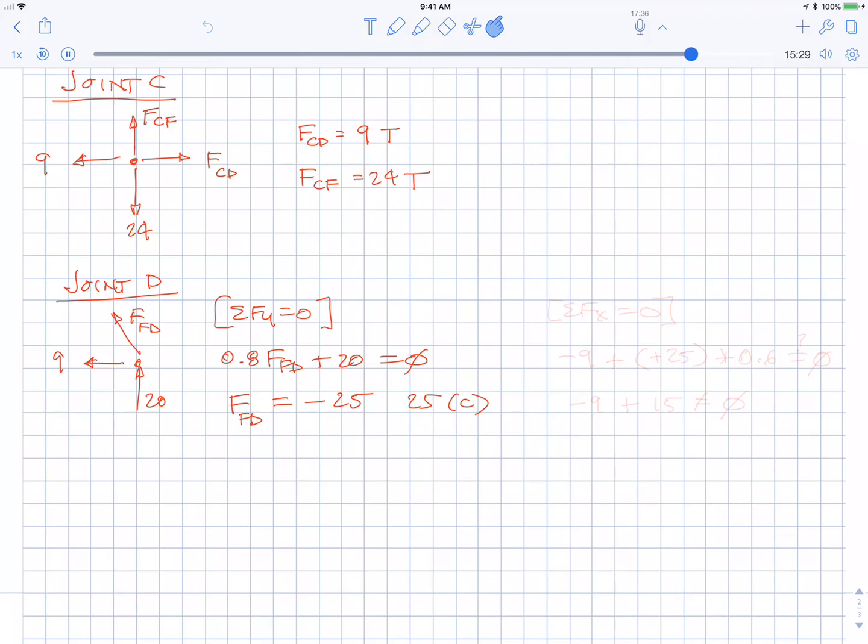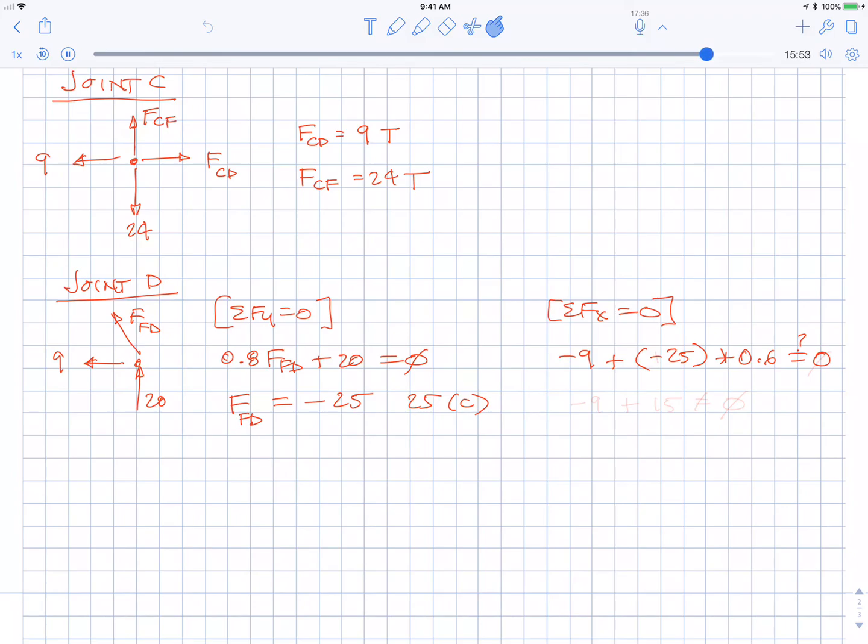Okay, let's check that sum Fx equals 0, and we have minus 9 plus, we just got that it was minus 25 times 0.6 is the x component. Does that equal 0? Let me check.